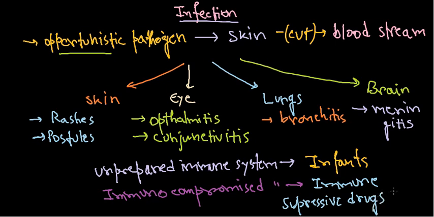If the effect of immunosuppressive drugs is there, then we can produce immunocompromised people where this kind of infection will be common. Otherwise, in a healthy individual, we won't see this kind of infection in most cases.